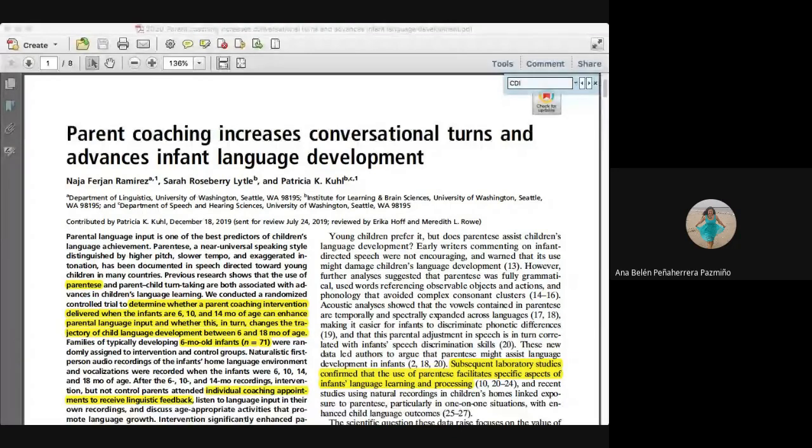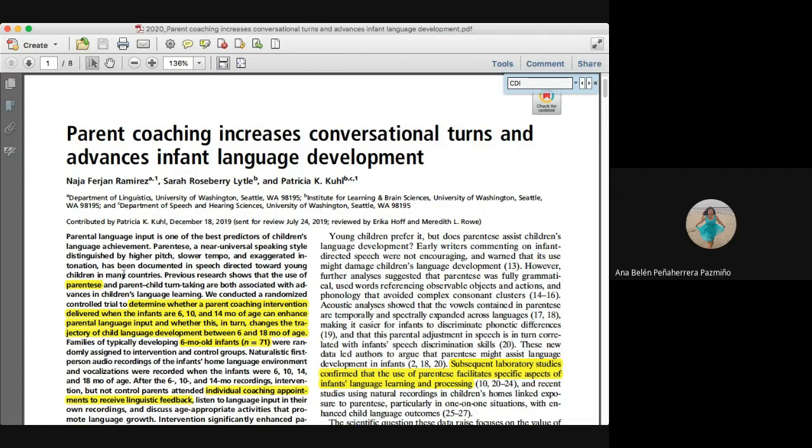Good morning. Today I would like to present this paper titled Parent Coaching Increases Conversational Turns and Advances Infant Language Development.